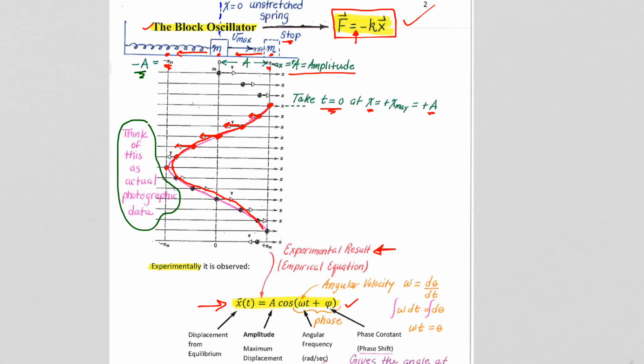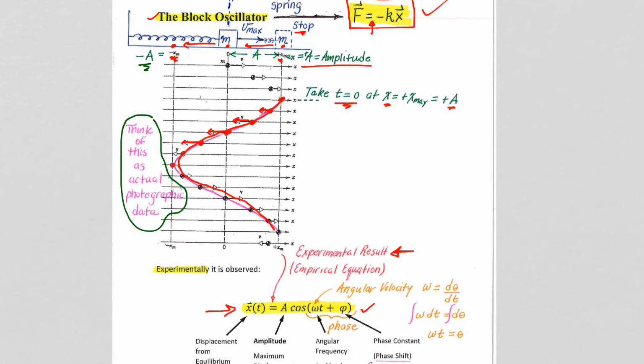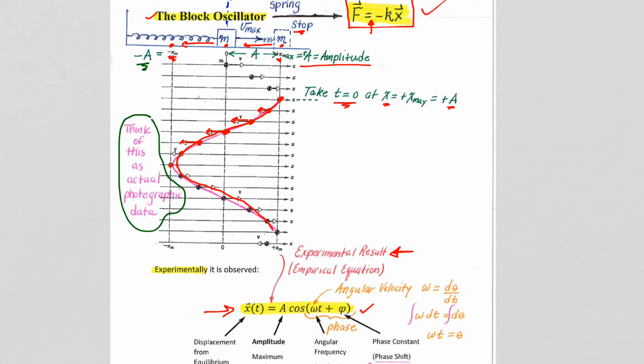Well, we can now understand a little bit about the language of simple harmonic motion. Simple because it's not damped and not driven. Harmonic because, as we said, we now have a cosine wave or function, and we can think of it as kind of perfect harmony.